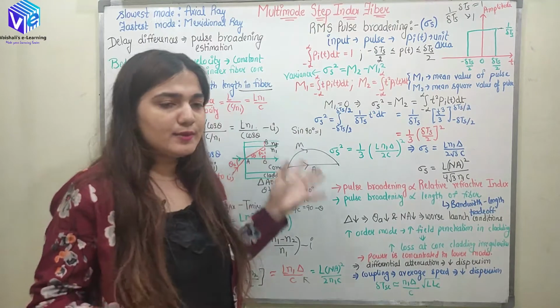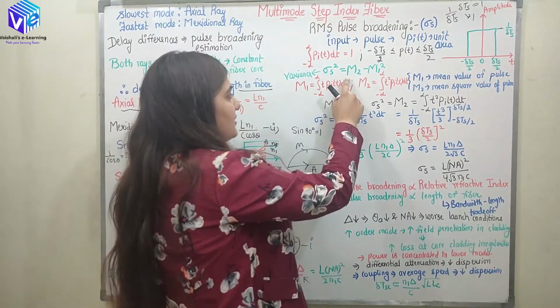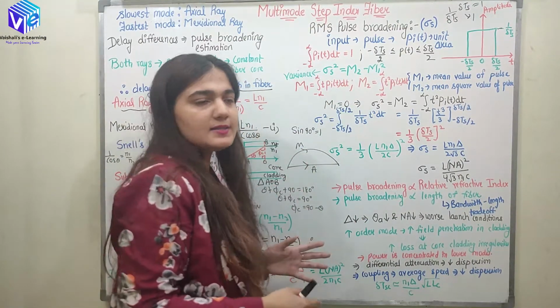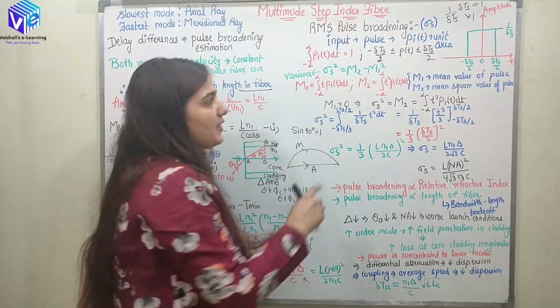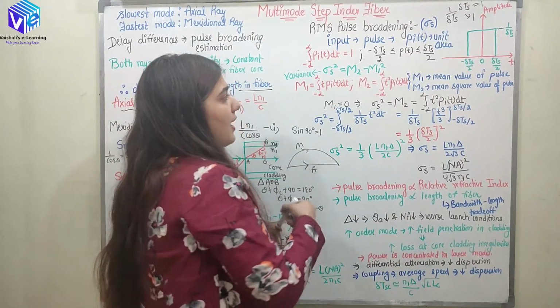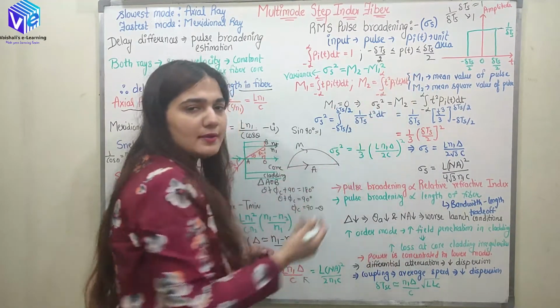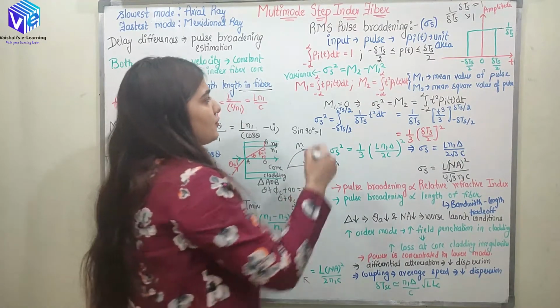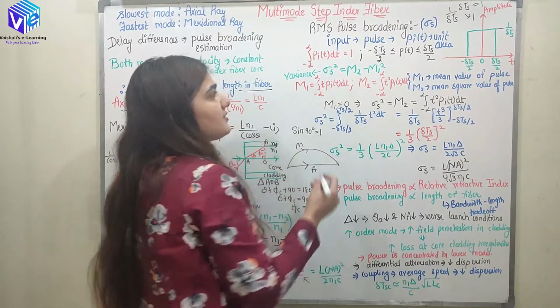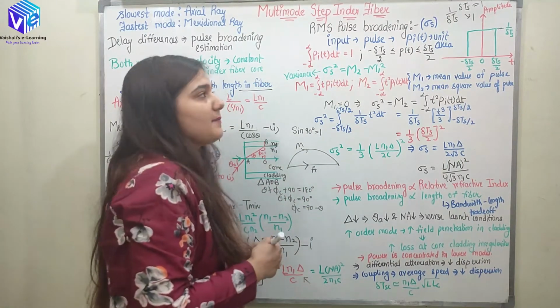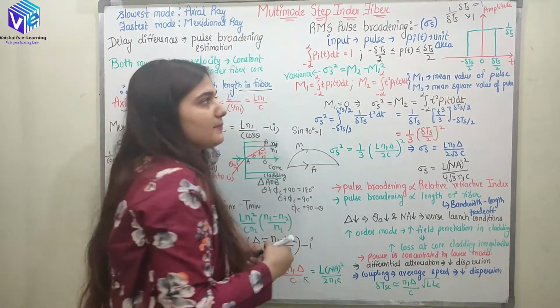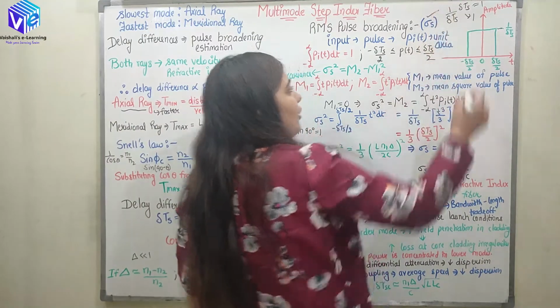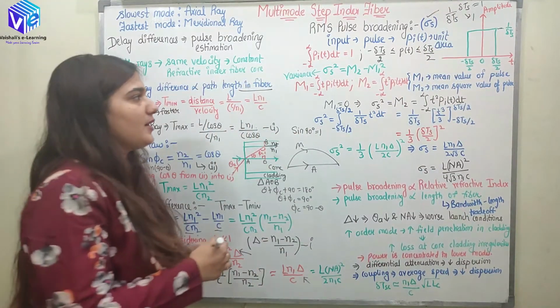So now what is variance? Variance is the mean square value of the pulse minus the square of the mean value of the pulse. So m2 minus m1 square, where m1 and m2 are the first and the second moment. This is my variance, and sigma s is my RMS pulse broadening factor, which I can calculate from the variance.